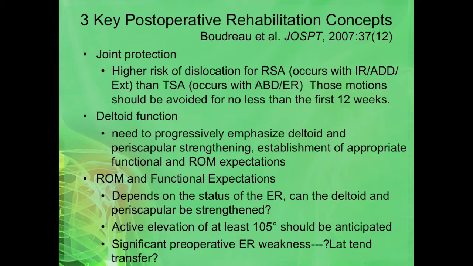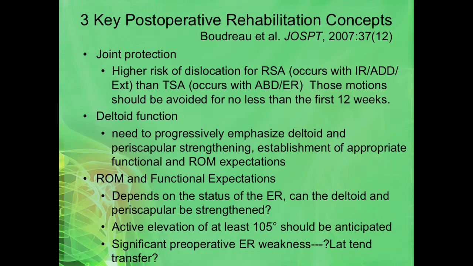So in terms of range of motion and functional expectations, it does depend on the status of the external rotators. Can the deltoid and the scapular muscles be strengthened? Because obviously to be able to strengthen those muscles, quite often you need to position the humerus. We should be able to get at least 105 degrees of shoulder elevation in these patients.